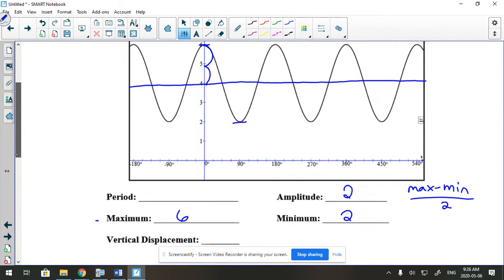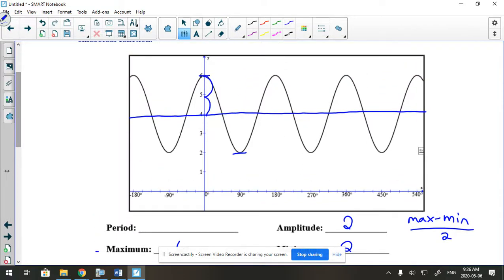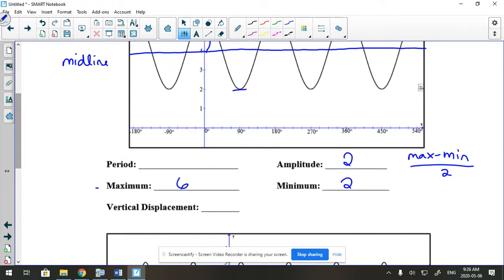Vertical displacement, that's how far your midline has moved from the x-axis. So my midline is at +4. That means my vertical displacement is up 4, or a +4. Another way you could have found that out is max plus min divided by 2. You can look at the graph and sometimes just figure it out, or if you need a more technical way, you can use that.